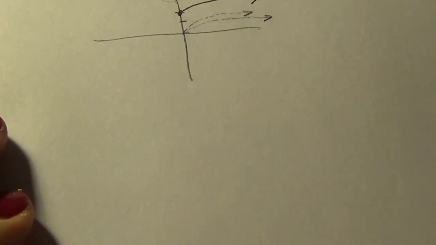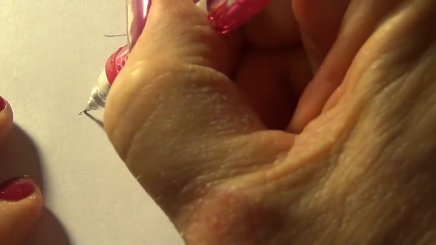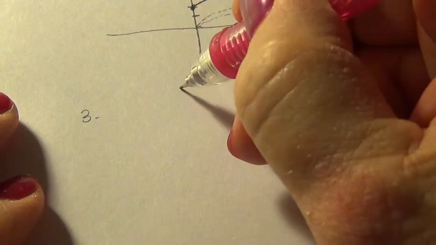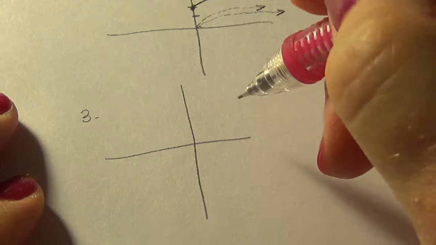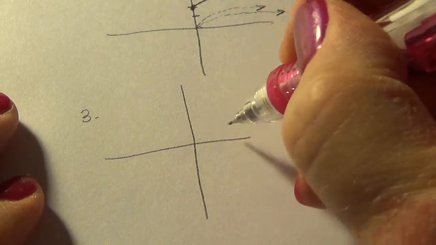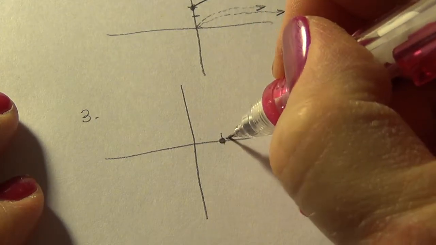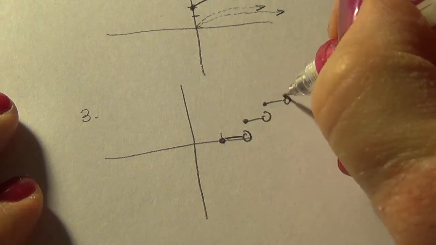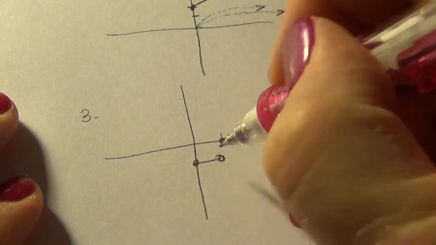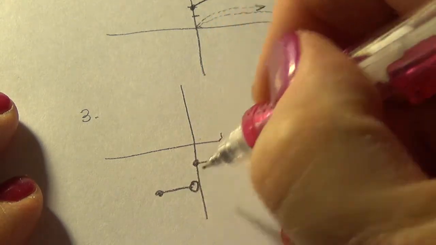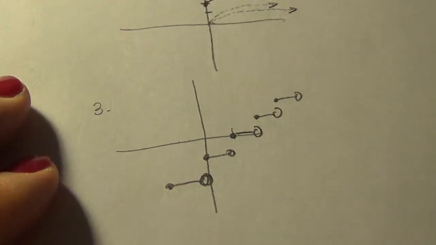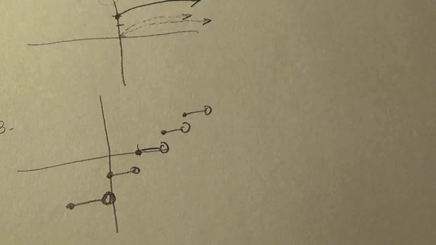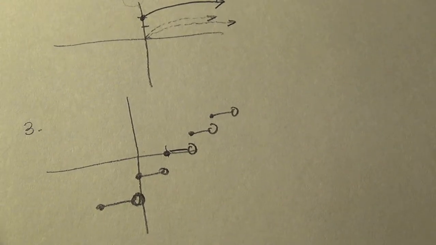Alright, the third one, I'm going to give you the function and ask you for its graph. So this is a step function, and it goes like this. Alright, so you need to get all of this down so you can do your work tomorrow, so pause if I'm going too fast.